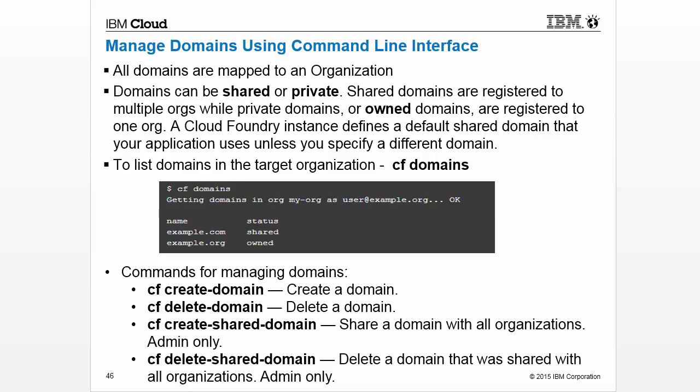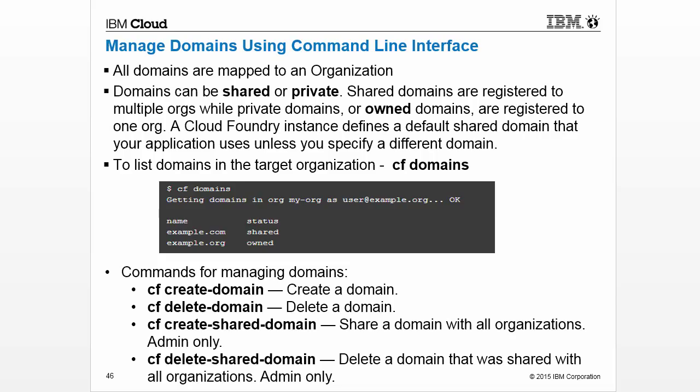If you do not provide the hostname, also known as subdomain, the URL takes the form of appname.domain. Domains can be shared or private. Shared domains are registered to multiple organizations, while private domains, or owned domains, are registered to one organization. A Cloud Foundry instance defines a default shared domain that your application uses unless you specify a different domain.